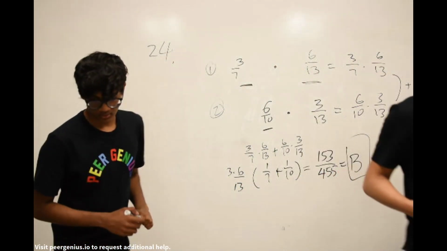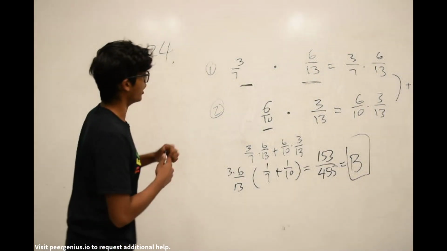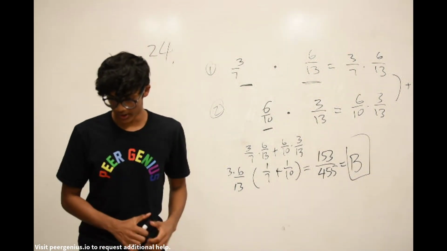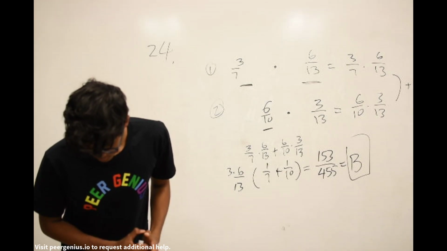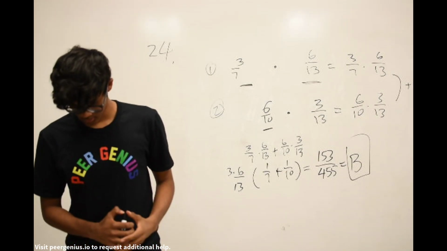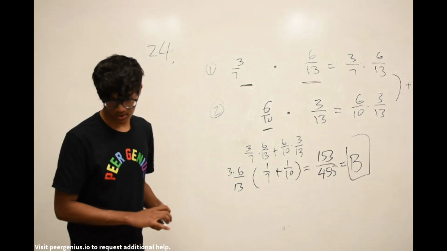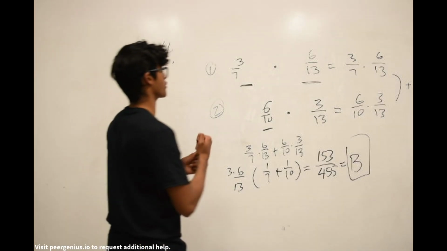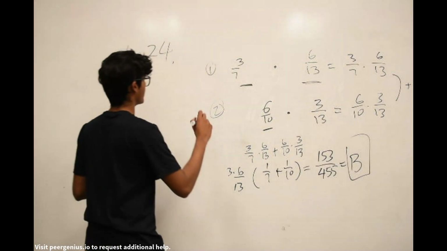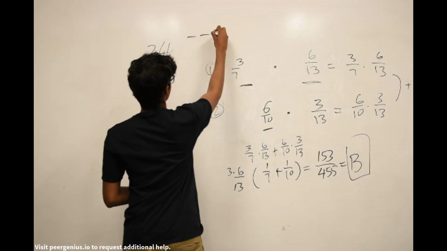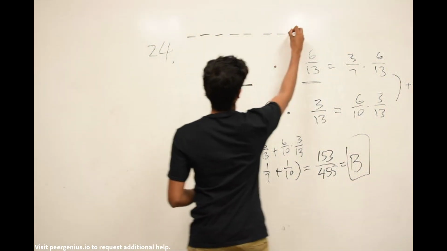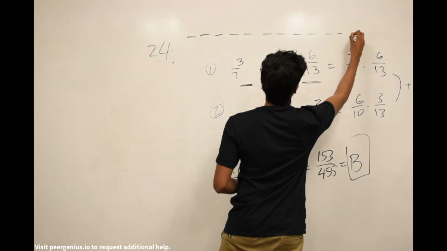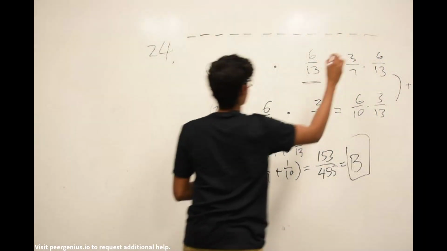So pretty much the argument here is you want your blue balls to be all drawn before all the green or yellow balls are drawn. Let's say you have 13 spots.